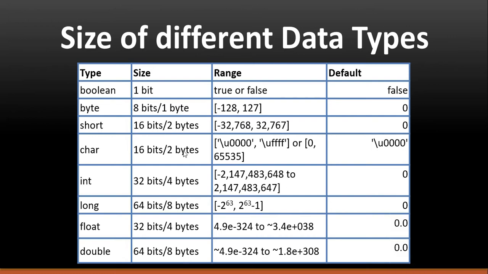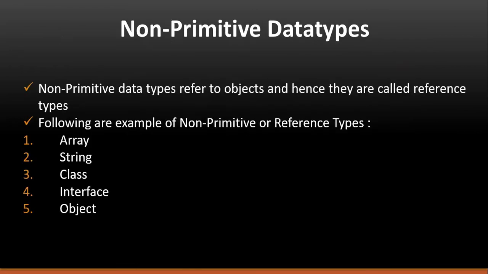I have given in bytes also, and these are the range. If you are unable to remember range, you can apply the formula for calculating range. And in Java, if you are declaring any variable, instead of storing junk or garbage value, it stores default value. So this was all about primitive data type.